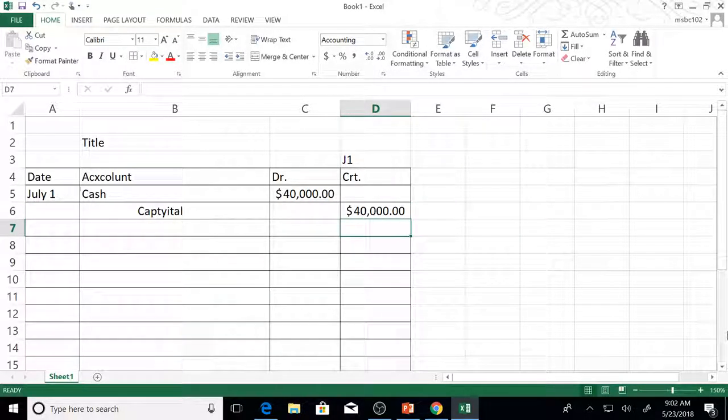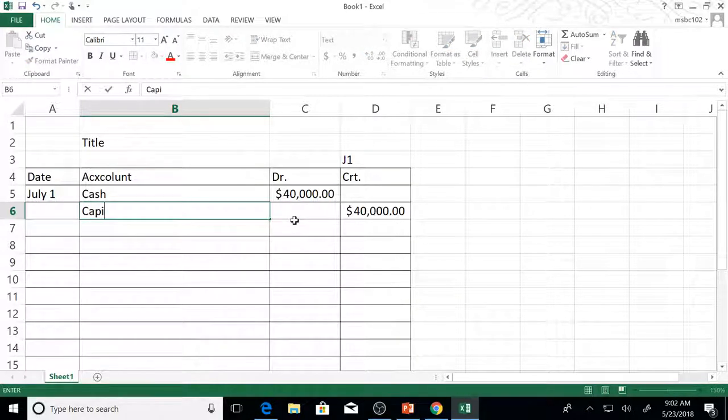Notice I put the cash to the left, and then I put the capital to the right side, okay, for $40,000. What's the name of the guy?